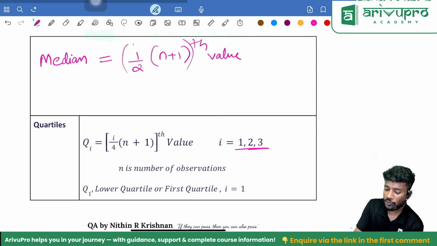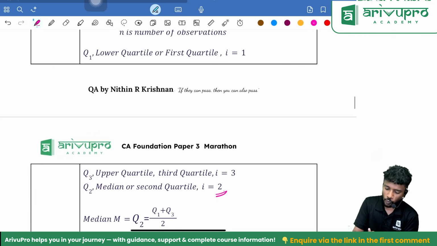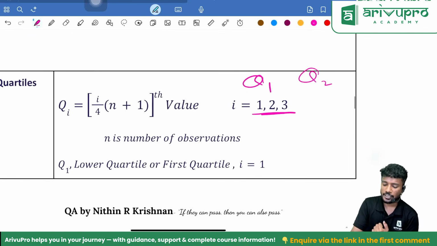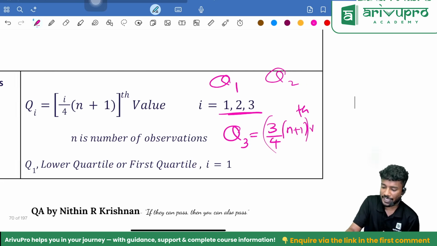Instead of i, what values can be there? When it is Q1, the i value will be 1. When it is Q2, the i value will be 2. When it is Q3, the i value will be 3. Likewise, it will change. For example, Q3 is equal to 3 by 4 into n plus 1 value. Am I right, people? Yes.